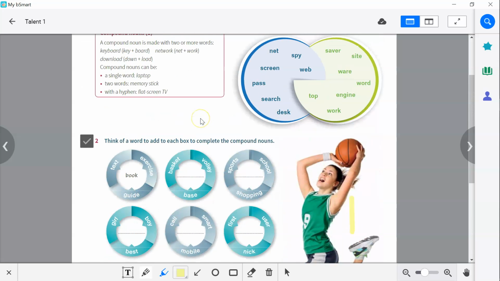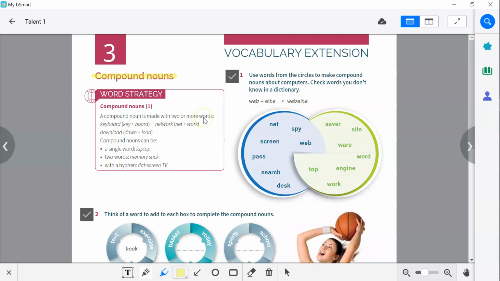The hyphen is trattino. Now let's have a look at these. You can have a single word, laptop, two words, memory stick, or with a hyphen, flat-screen TV, flat and screen, there's a hyphen here, so there is a trattino.